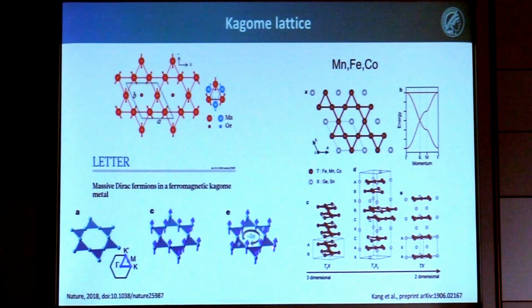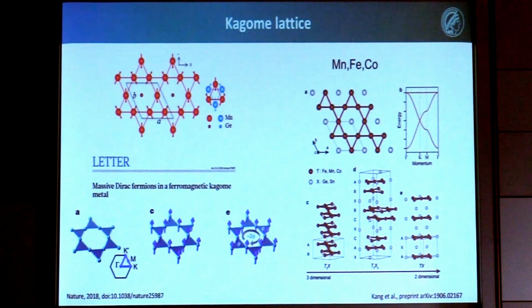But as you can see, there are all kinds of compositions in which this family of materials occurs, and the magnetic substrate layers are more or less separated by space, depending on the composition. So for example, iron tin has an even larger separation.